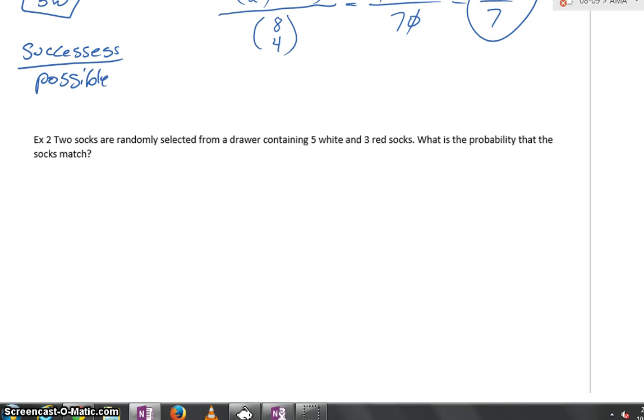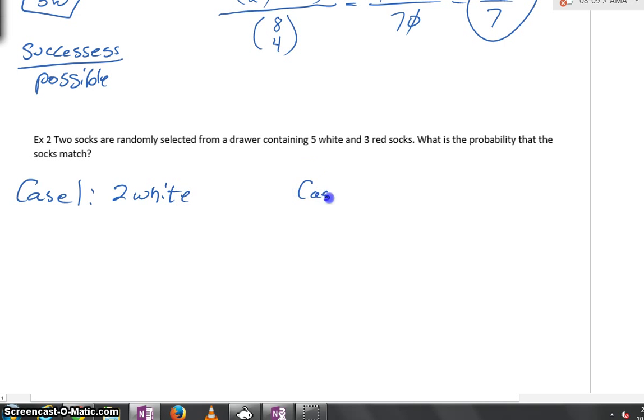Now, this is a tougher problem. It's a little bit more challenging because if you think about it, matching can happen in one of 2 ways, couldn't it? You could get 2 that are white. You've got 5 white. Or you could get 2 that are red. And this is where we're beginning to get more involved. Case 1, you want to get 2 white socks.